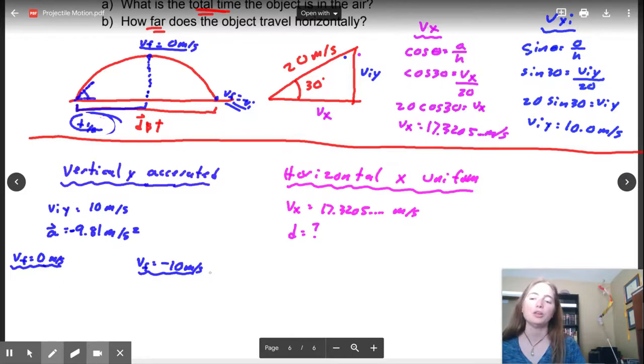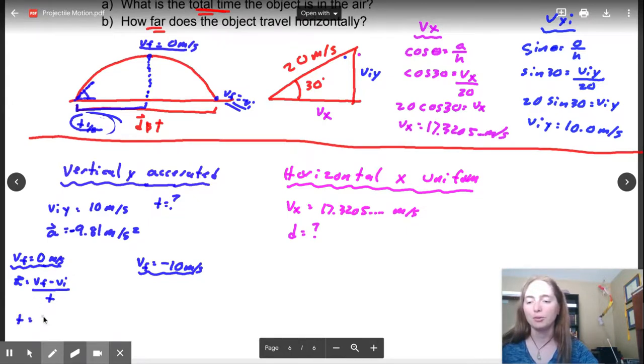Okay. So we're trying to find time because remember, time is the only entity that can jump between one and the other. So you've got VF, VI, A, and we're trying to find T. Well, what equation? This guy. So your acceleration is equal to VF minus VI over T. Well, we're trying to find T, so we're going to switch those places.